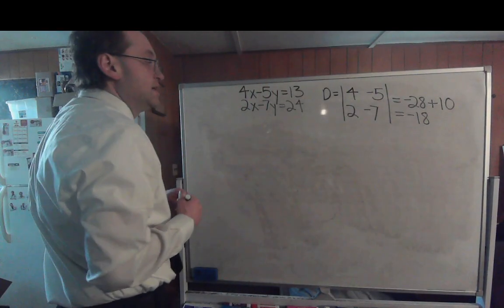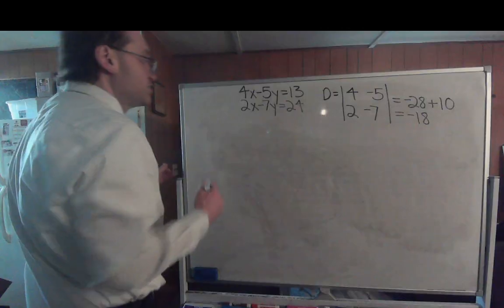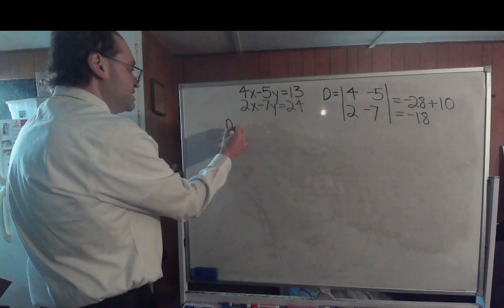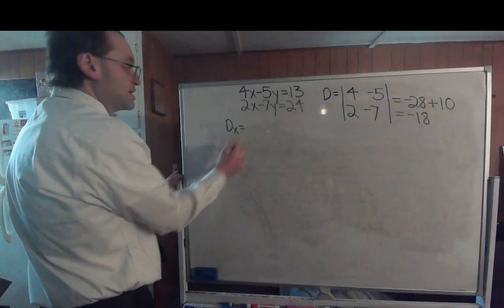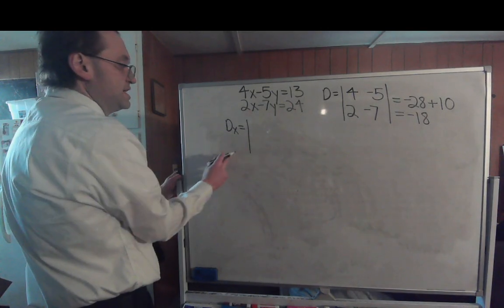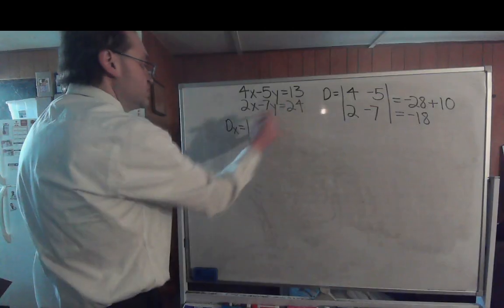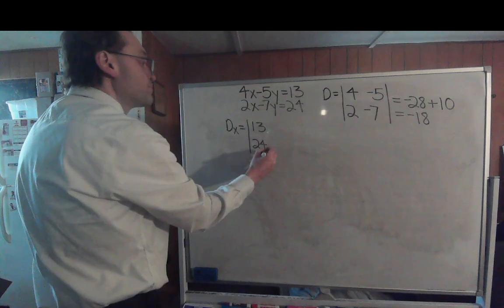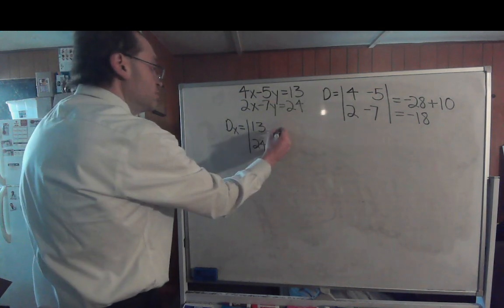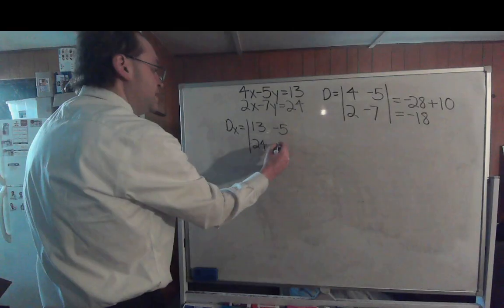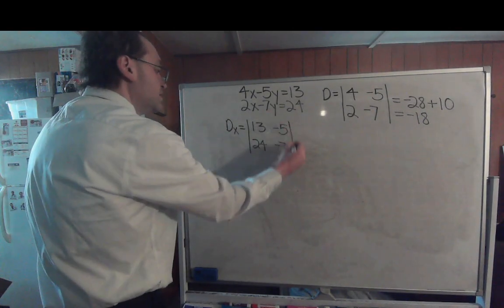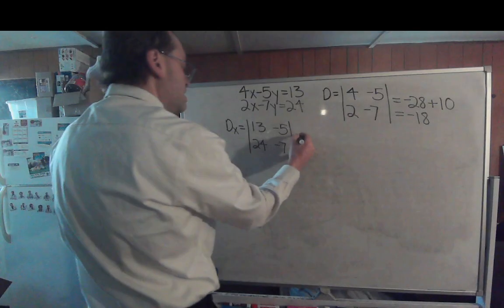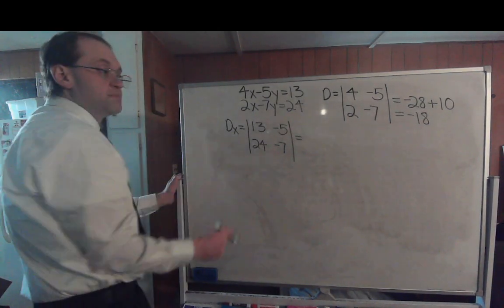That's the D. Now to find x, we need to, of course, get the value of d sub x. So to do d sub x, replace your x coefficients with that 13 and 24. Then keep your y coefficients the same, the negative 5 and the negative 7. All right, so what is 13 times negative 7?